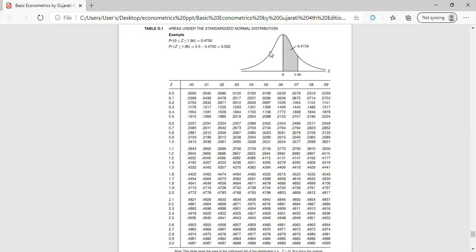Exactly. So basically you are looking at this middle area. Always look at the area, which area you are looking at. That is very important. Don't go by all those formulas you have in your mind. I'm not saying they are wrong, but if the table changes, then the formula may not work.